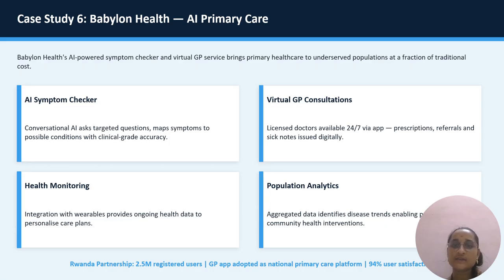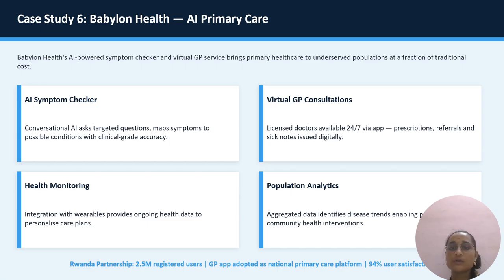94% user satisfaction. The Rwanda 2.5 million people use it. The government made it the official primary care platform for the country, and 94% of user is satisfied. The final conclusion is Babylon Health show how AI plus telemedicine can solve the doctor shortage problem.